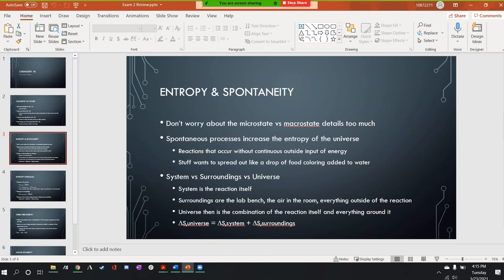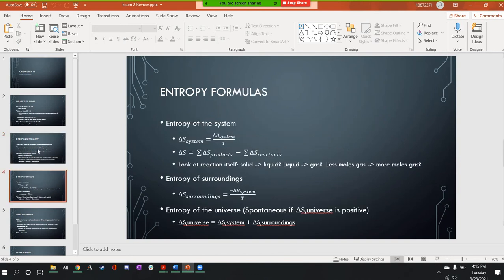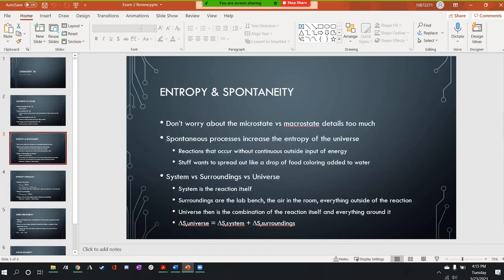So the universe is the reaction plus everything around the reaction, right? The universe is everything. So the universe would be your system, the actual reaction, plus everything outside of the reaction. That would create an entire universe. I hope that cleared it up. So that's what system, surroundings, and universe mean.